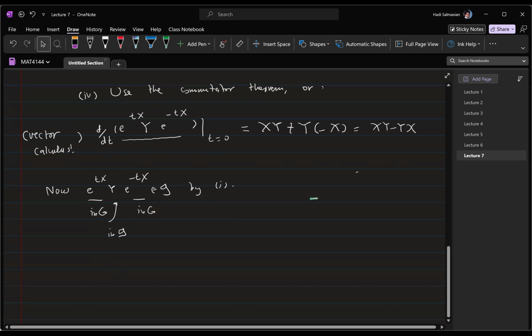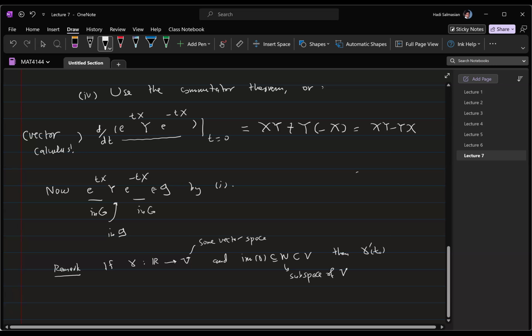Now again we need vector calculus. Here's a remark. If gamma goes from R to V, where V is a vector space, and the image of gamma is contained in some subspace W of V, then gamma prime at any point is also in the subspace.